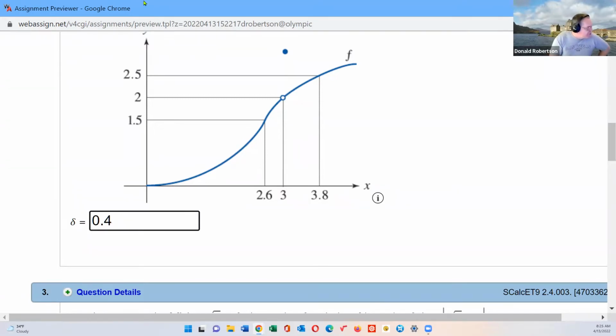What that is saying is, if I want to be within 0.5 of the limit 2, I need to make sure that my x's are within 0.4 of 3. So can you imagine you went this side and 3.4 is about here. Wouldn't any value between here and here fit inside that window on the left? Right.